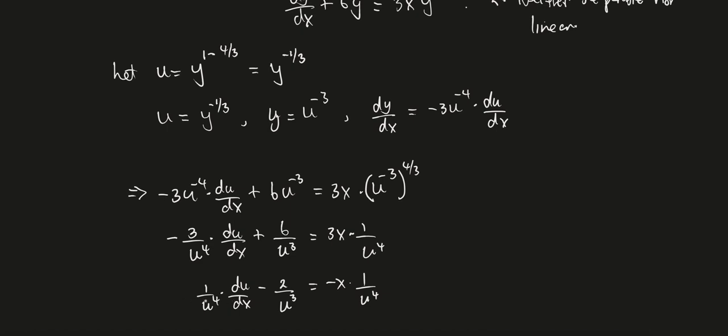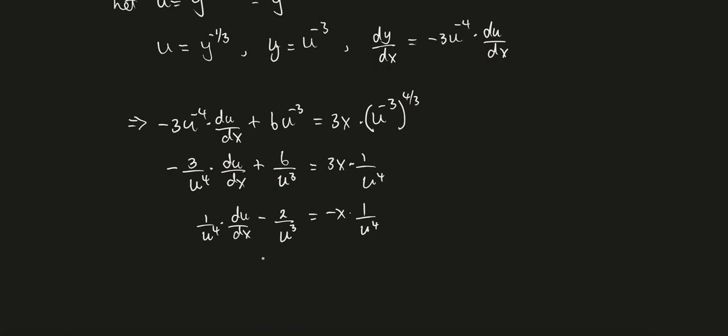Multiplying by u to the 4th gives me du dx. U to the 4th times 2 over u to the 3rd gives me a -2u. On this side, I have a negative x. And again, this is now my linear differential equation. So this one is linear.